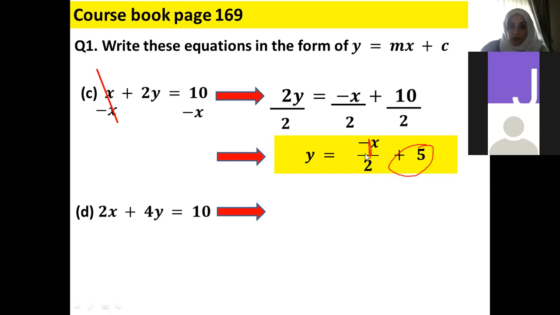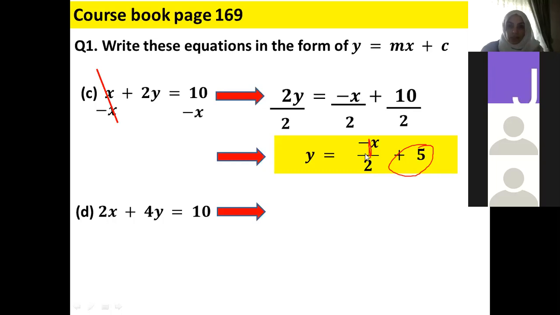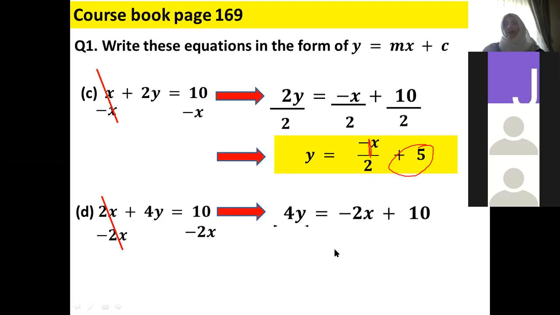Yes, Sarah. So, minus 2x, we will move it to the other side, which equals 4y equals minus 2x plus 10. Then divide everything on the right side by 4.